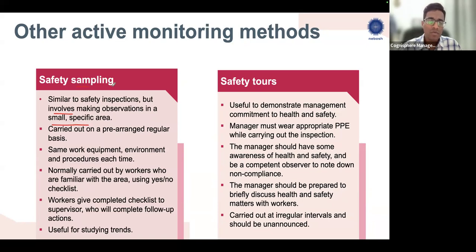Now, when we look at the word sampling, for instance, if I have to do the inspection of all the fire extinguishers in this building, the purpose of the inspection is to check the fire extinguishers are in the correct location and in good condition.